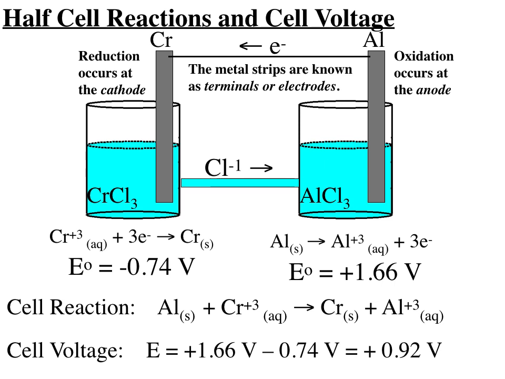In order for chromium to be forced to gain electrons, I'm going to have to give it 0.74 volts. So the cell reaction is the sum of the reaction of oxidation and the reaction of reduction. So you see the net ionic equation for the cell reaction listed there.